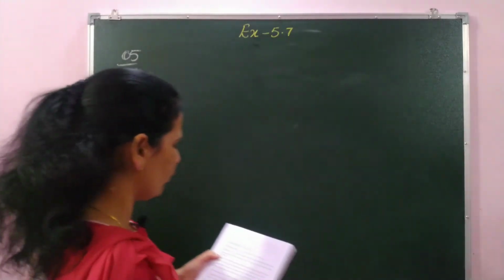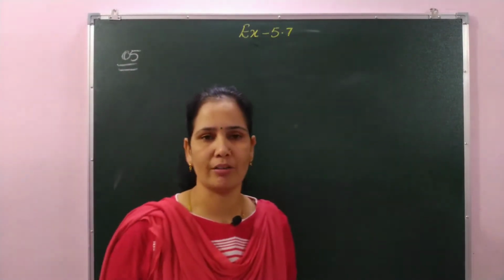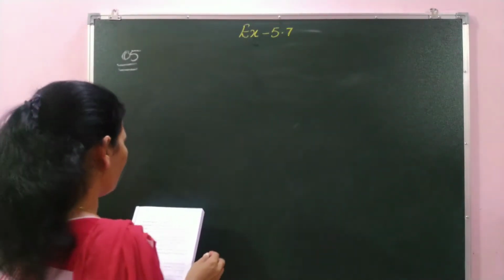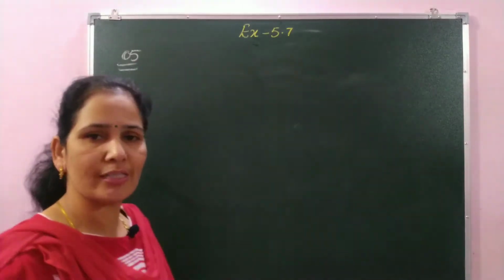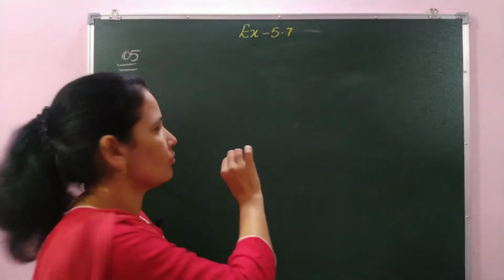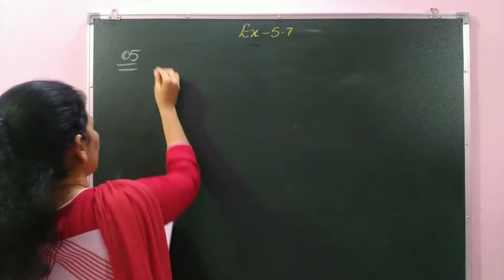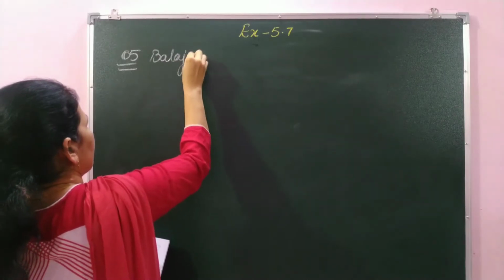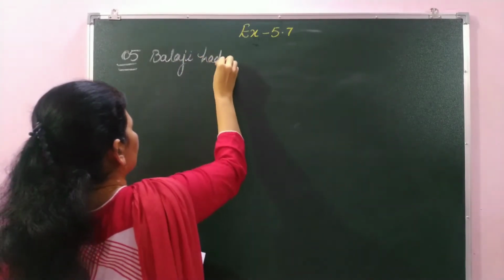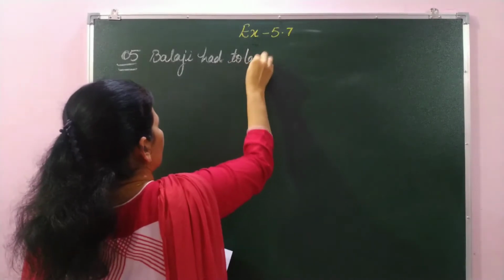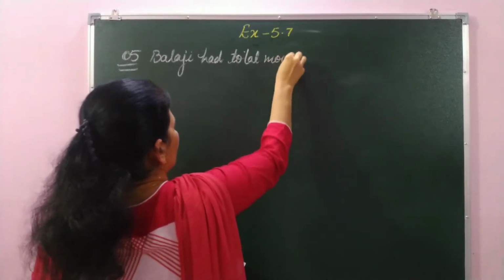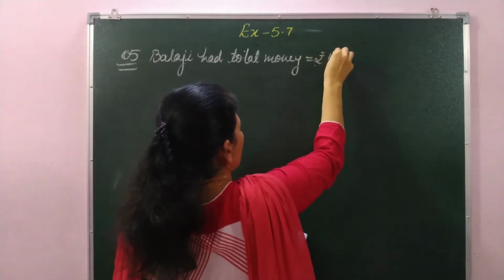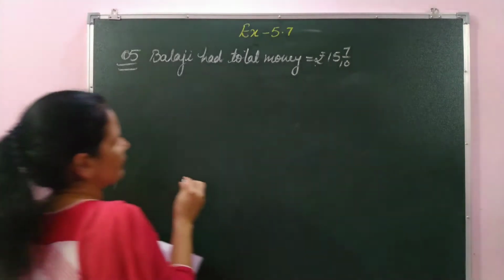Because this is a word problem, we have to solve it by writing the statement. I am not writing the question here, students; I am directly solving it. Balaji had total money rupees 15 7 by 10.